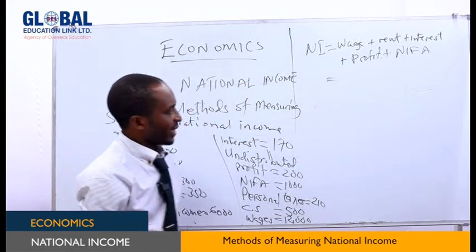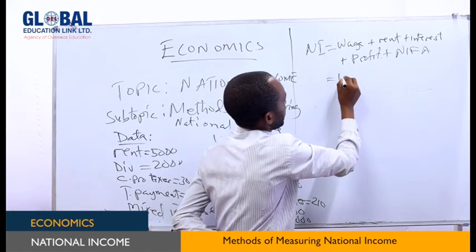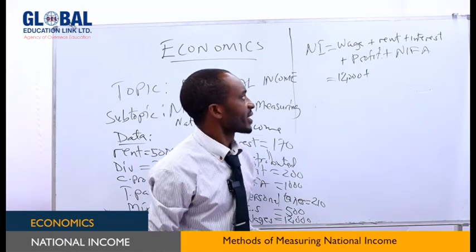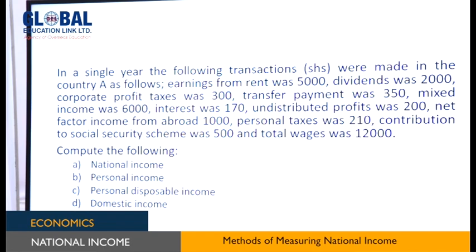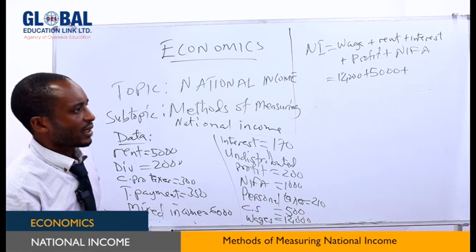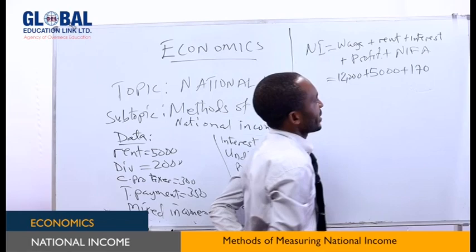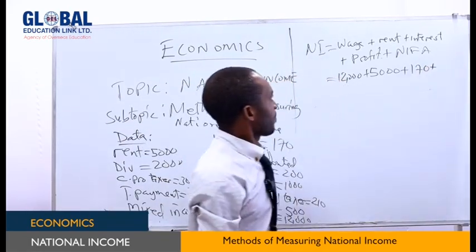So in our information, the wage is 12,000. So we get 12,000 plus the rent. Here we are given the rent is 5,000, plus the interest. The interest is 170. Then you add the profit.